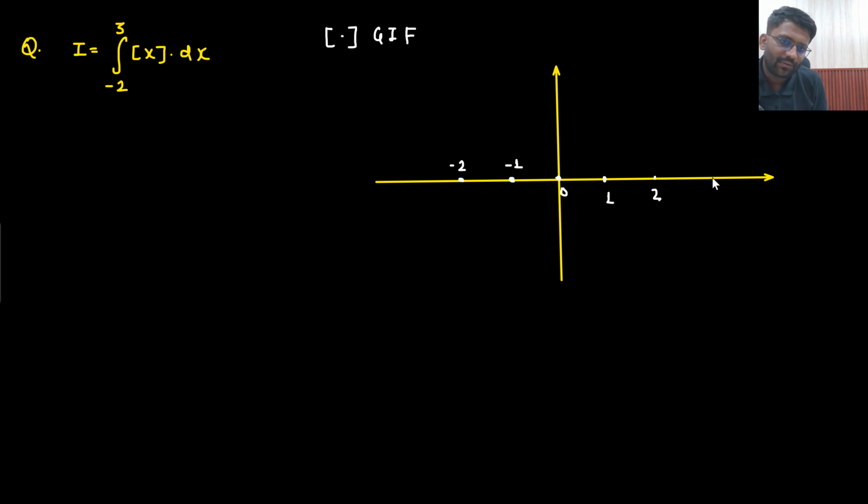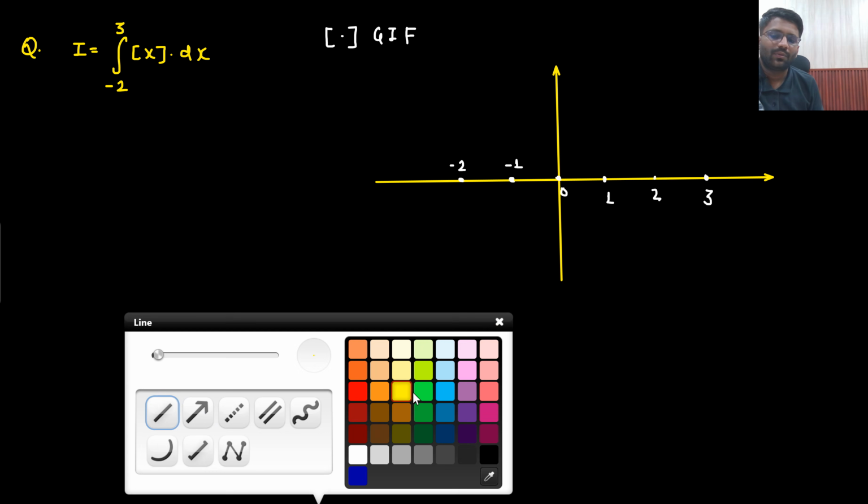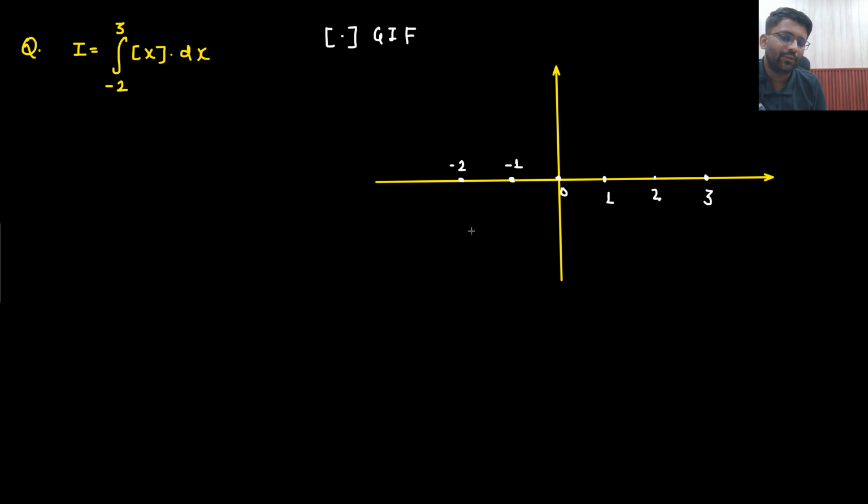1, 2, 3. So between minus 2 to minus 1, sorry guys, what value will it give you? Between minus 2 to minus 1, it will give you the value minus 2, right? Just the lesser integer. Between minus 1 to 0, it will give you the lesser integer, which is minus 1. Between 0 to 1, it will give you 0. Between 1 to 2, it will give you 1.